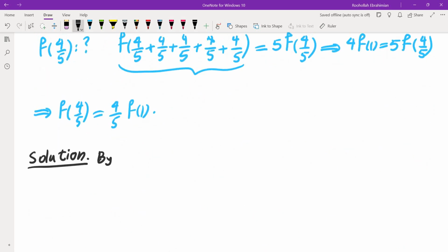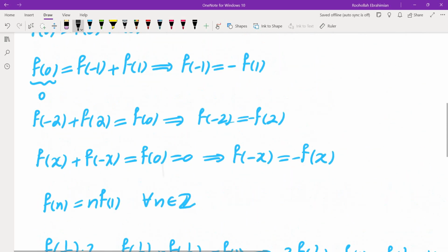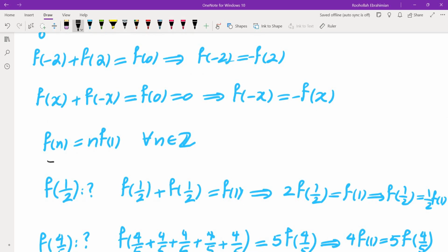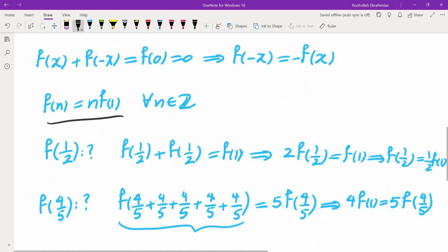So by induction on n, we will prove, and if you go back and look at what we did, f of n equals n f of 1, but here we also use the fact that f of 5 times 4 fifths is 5 times f of 4 fifths. So why don't we prove that one for every integer and for every real number x?